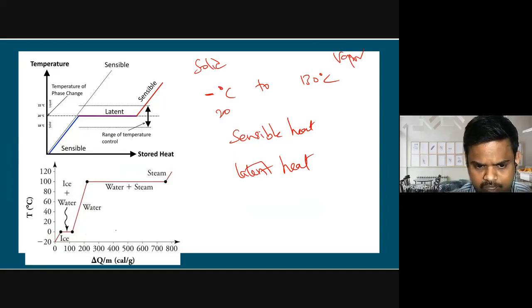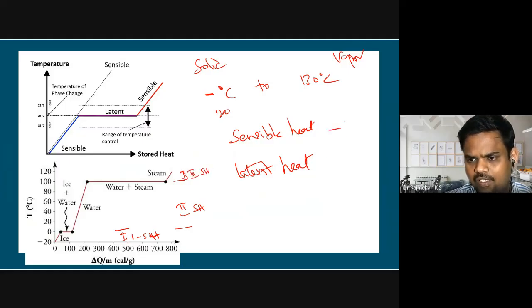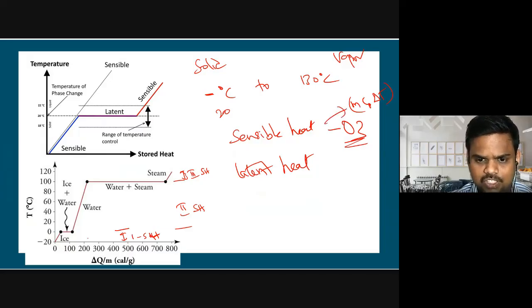This zone is one sensible heat. Again, here to here there is another sensible heat, and from here to here there is one more sensible heat. So totally we have three sensible heats, that is, the m Cp delta T or n Cp delta T coming into the picture, which can be calculated for the change in temperature.